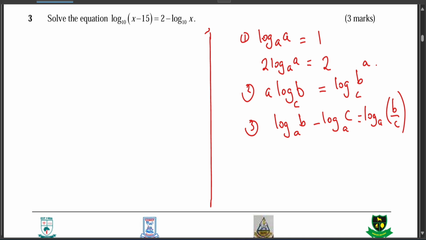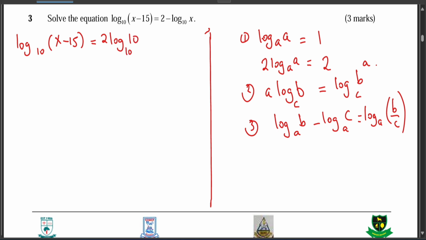So the first rule: since the question has logs everywhere apart from the 2, we will change that 2 into log a base a, but remember there will be 2 in front of it. So you write log base 10 of x minus 15 is equal to 2 log 10 base 10.